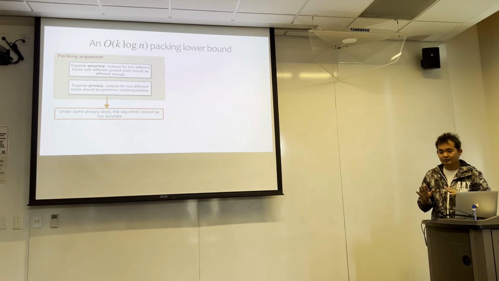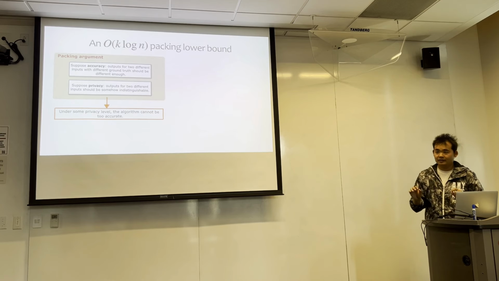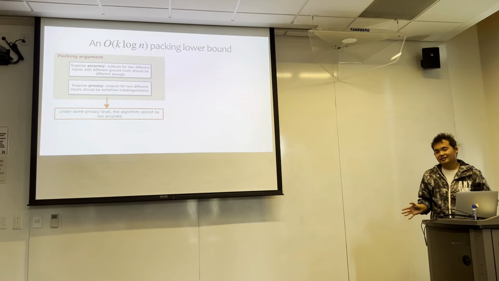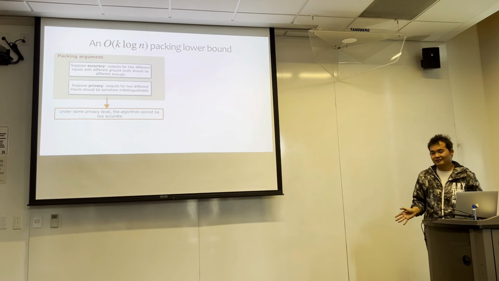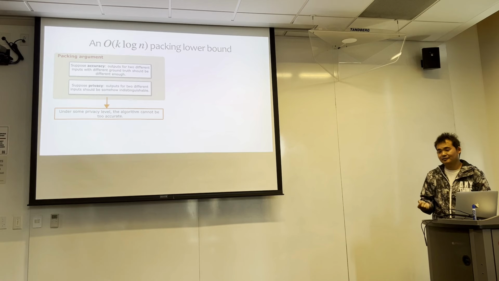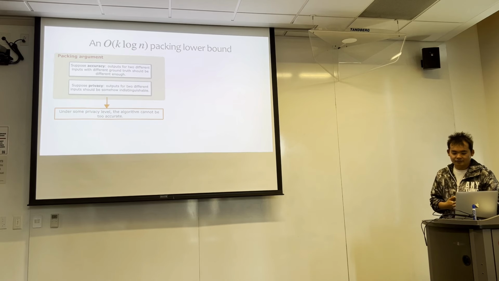Because the real value is different, and you want to be accurate. On the other hand, suppose the algorithm is private, then the outputs for two different inputs shouldn't be too different, because you want to make them indistinguishable, right? Combining these two points, at some privacy level, the algorithm cannot be too accurate.